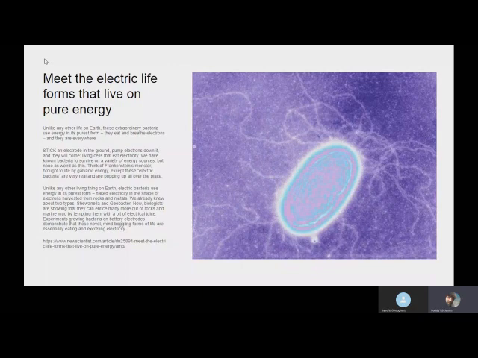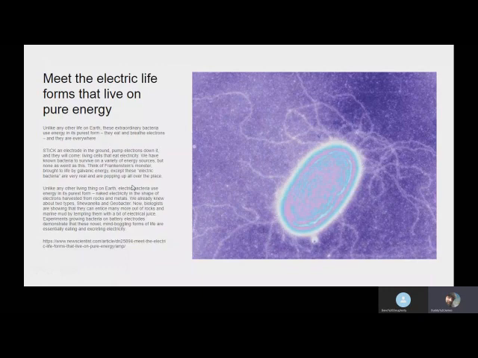Unlike any other living thing on Earth, electric bacteria use energy in its purest form: naked electricity in the shape of electrons harvested from rocks and metals. We already knew about two types, Shewanella and Geobacter.